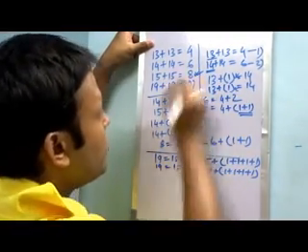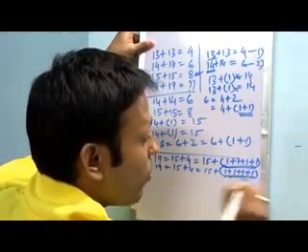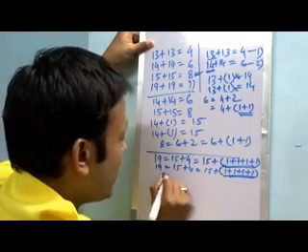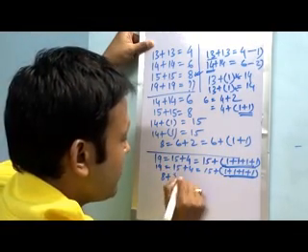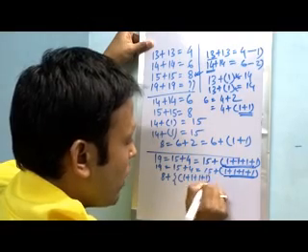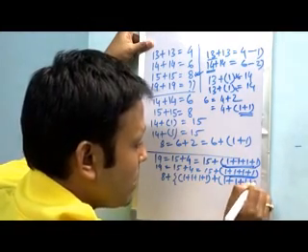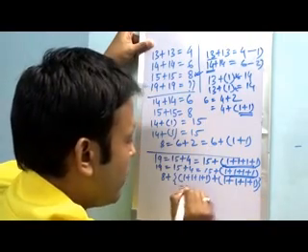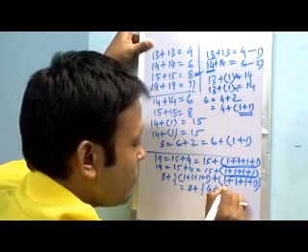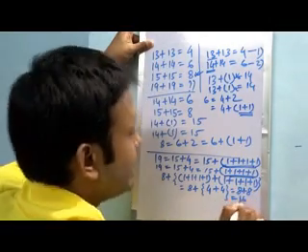If you add a total of 8 ones to the number 8, what do you get? 8 plus 1 plus 1 plus 1 plus 1 plus 1 plus 1 plus 1 plus 1 equal to 8 plus 4 plus 4 equal to 8 plus 8 equal to 16.